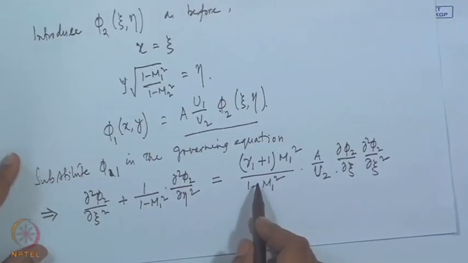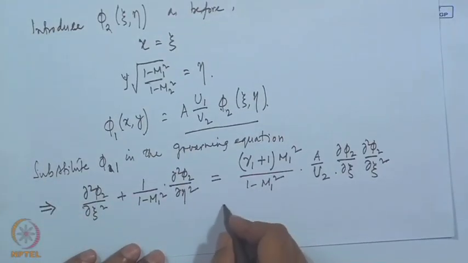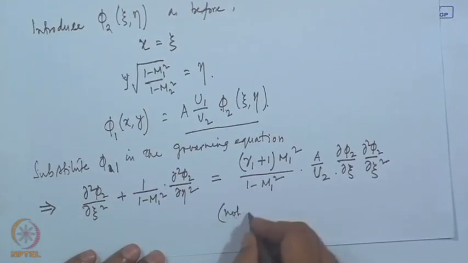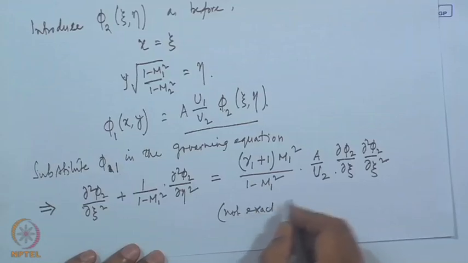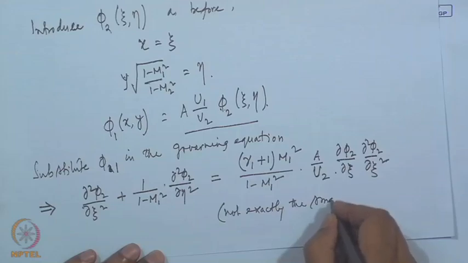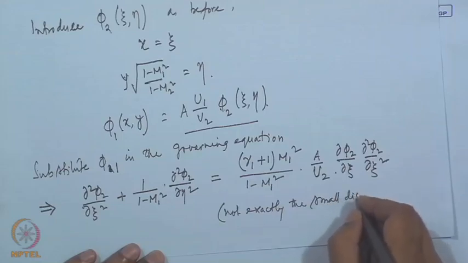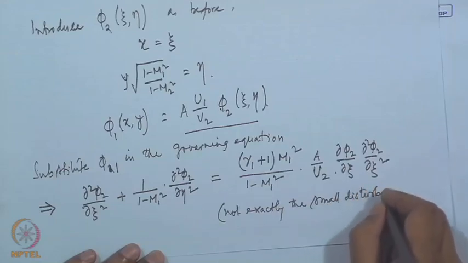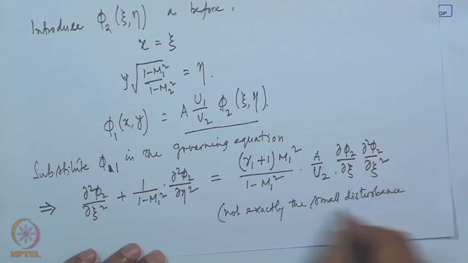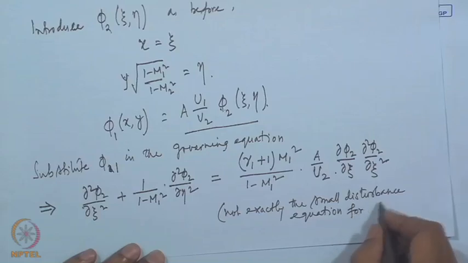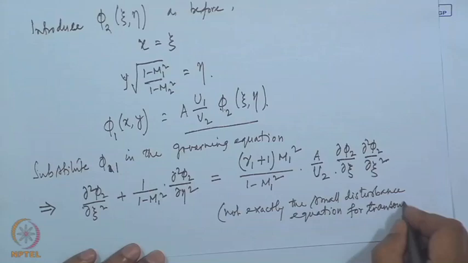It is not exactly the small disturbance equation for transonic flow.